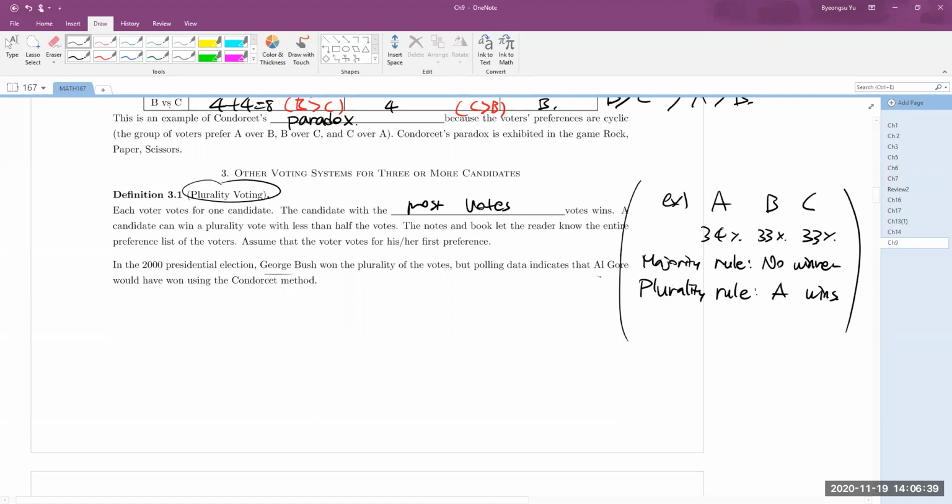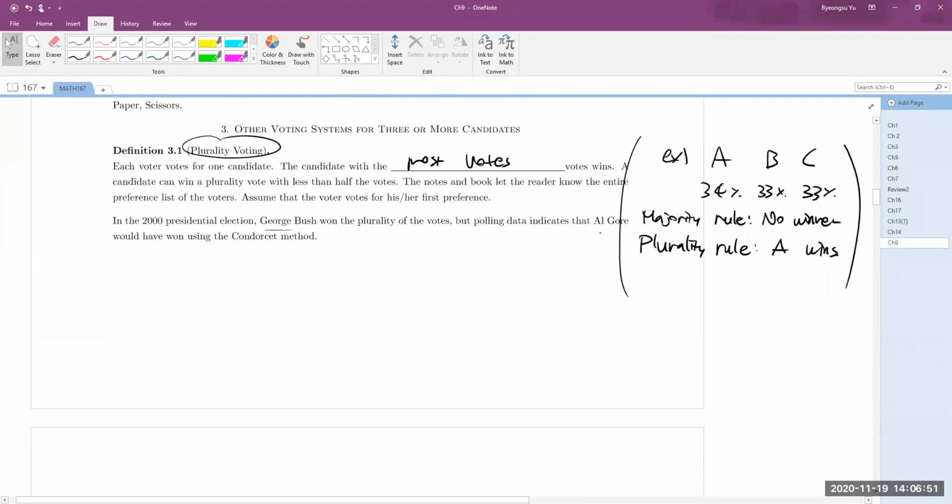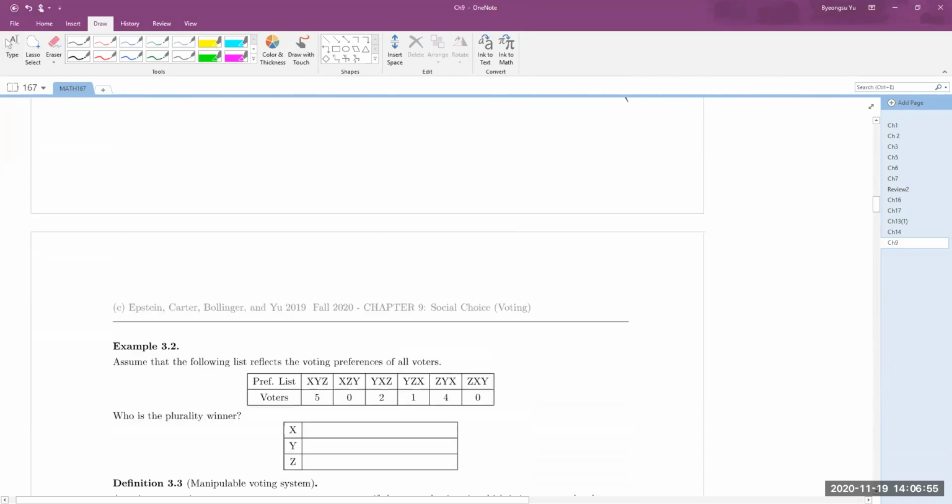Or in the case of 2016, actually Biden got more votes, but the winner is Trump, right? So these are some cases where plurality voting does not work in some sense.